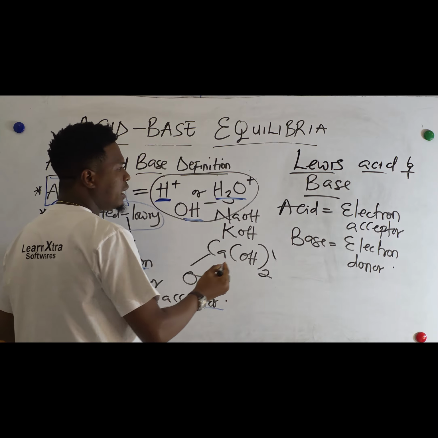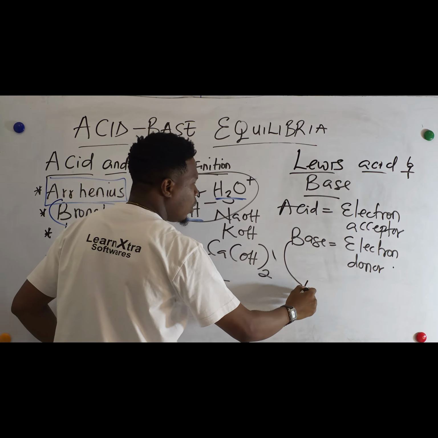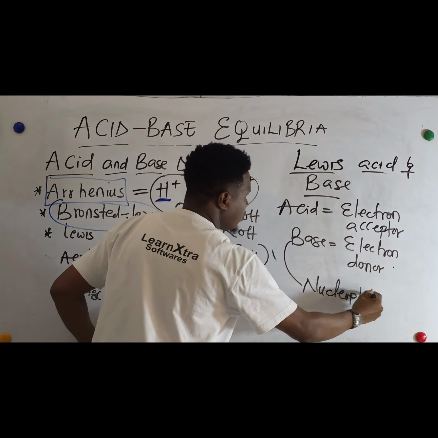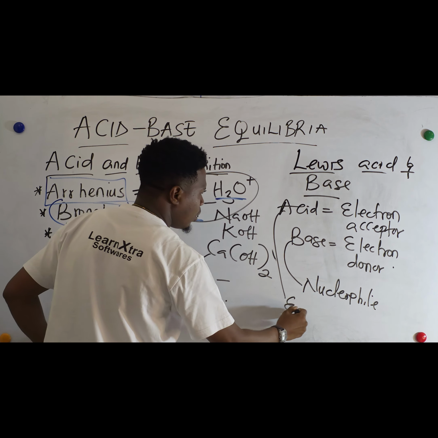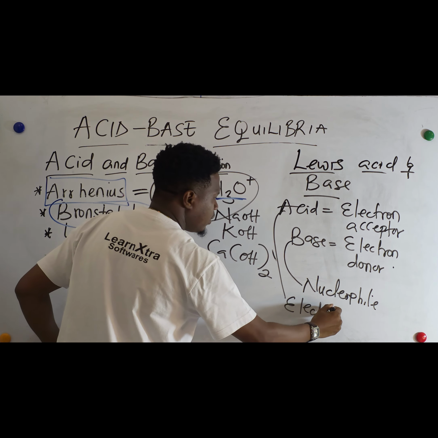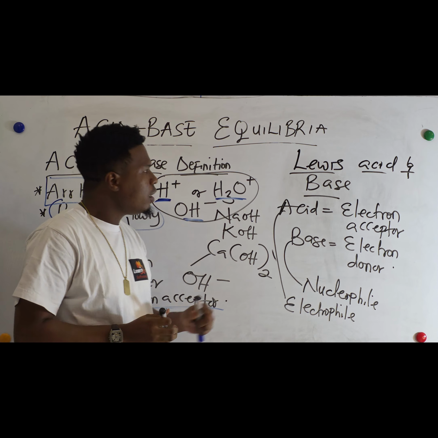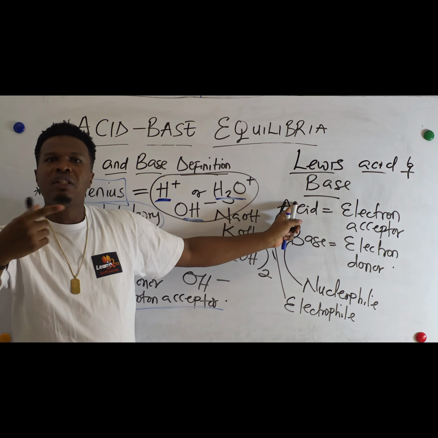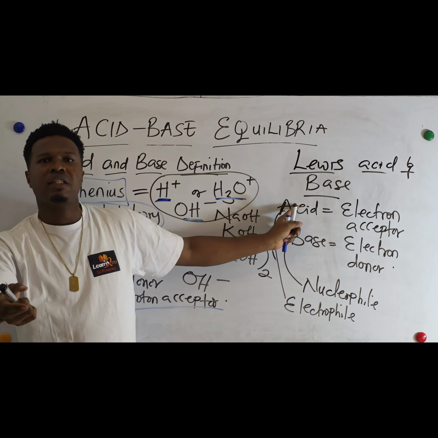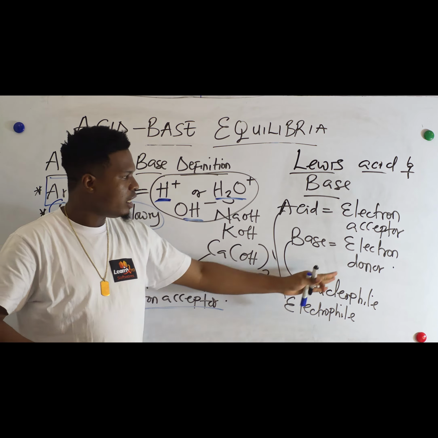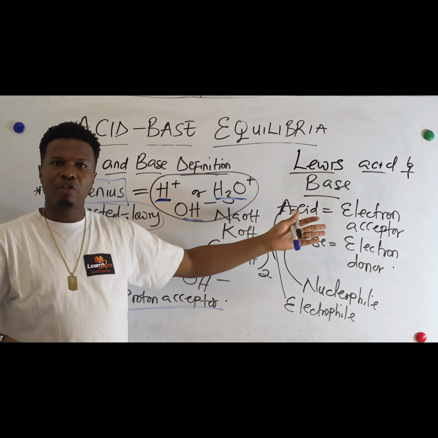In organic chemistry, these Lewis bases are called nucleophiles. Take note. While these Lewis acids are called electrophiles, electron deficient. So Lewis acids are electron deficient, so they need to accept electrons to become stable, while Lewis bases are electron rich. They can give out electrons to form bonds.